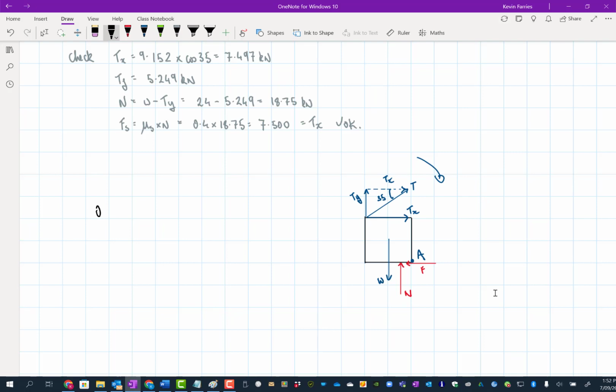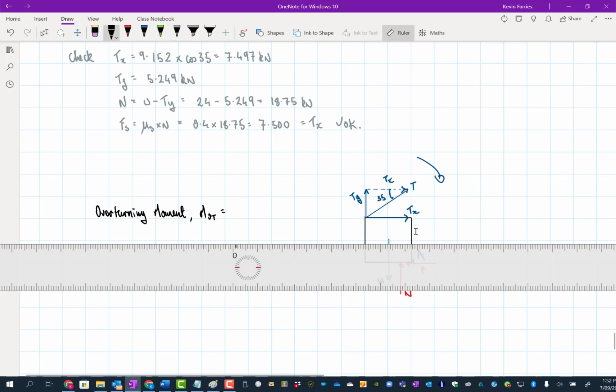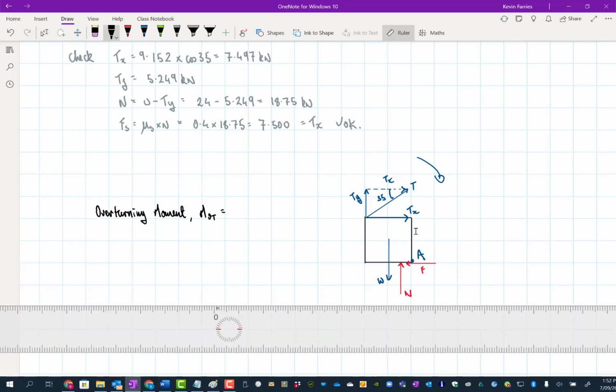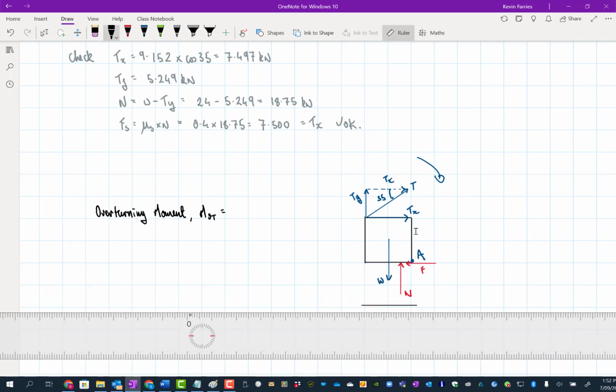So the overturning moment, which we're going to call MOT, is equal to, let's see what we've got here. We've got Ty going up the way. This is, better put on some dimensions. This is 1 meter. Let's put it underneath so it's not getting in the way.